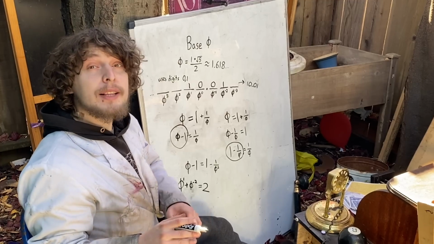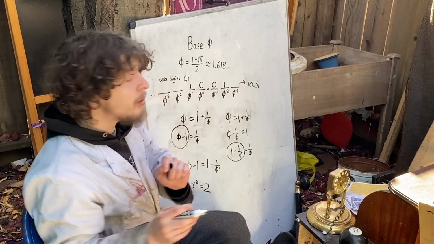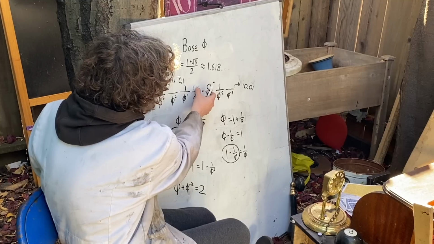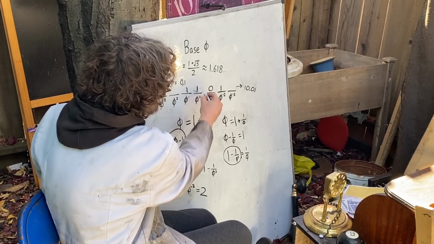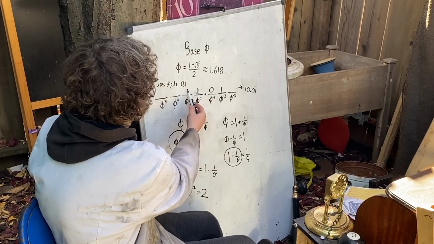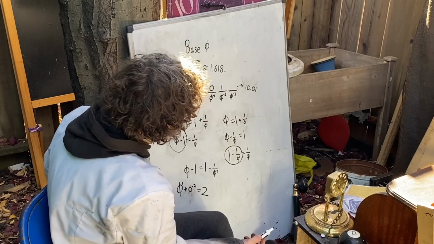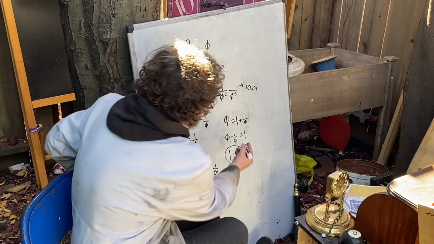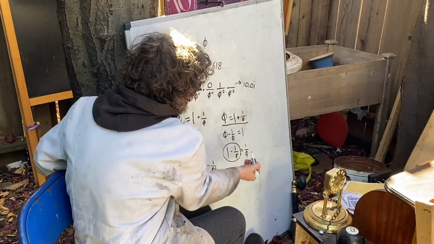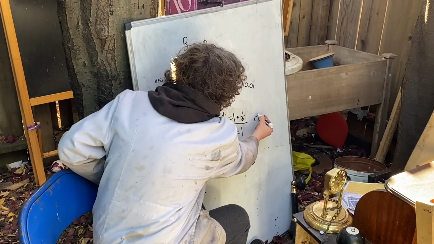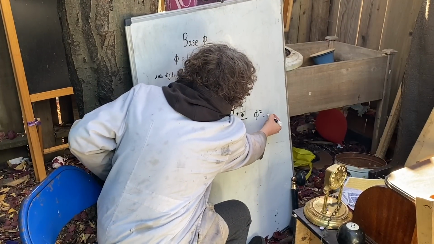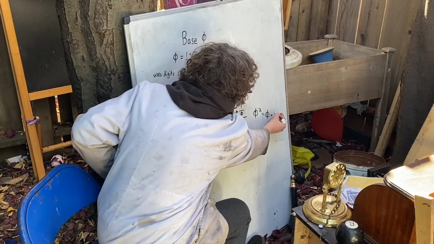Now, if I wanted to write the number 3 in a golden ratio base, I could think about just adding 1 onto the golden ratio to the 0 powers spot, because that's a 1 spot, and think about writing 3 as 11.01. But something interesting is that when we multiply this identity by the golden ratio on each side, we see another identity. The golden ratio squared equals the golden ratio plus 1.